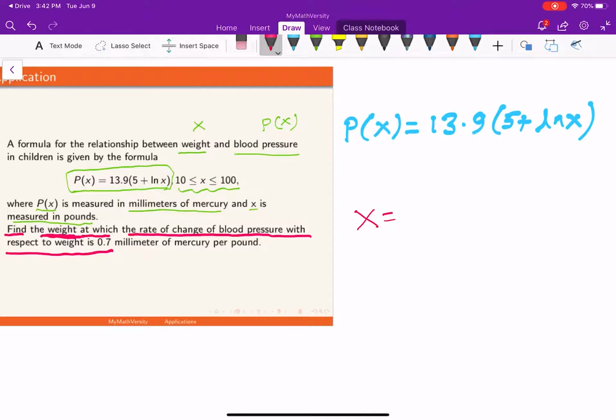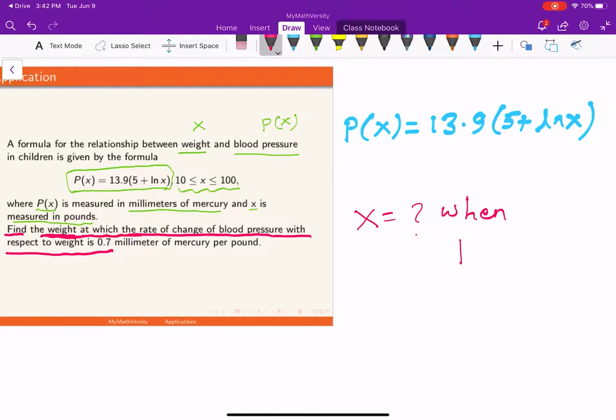But what is the condition? We need to figure out the weight at which the rate of change of the blood pressure is given. What does it mean by the rate of change? How do you figure out the rate of change of any function in calculus?